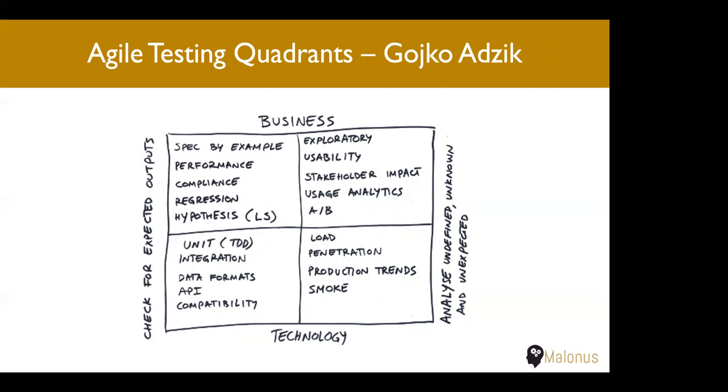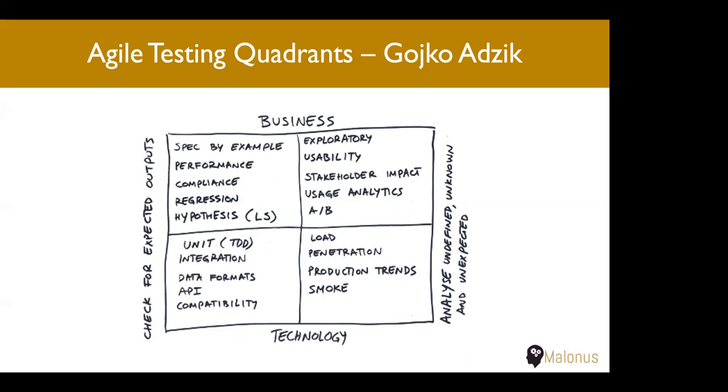This is the perspective of Gojko Adzic, writer of the Specification by Example book and of Impact Mapping, and a renowned name in the Agile world. He divided these quadrants in terms of technology, business, checking for expected outputs, and analyzing undefined, unknown, and unexpected things.